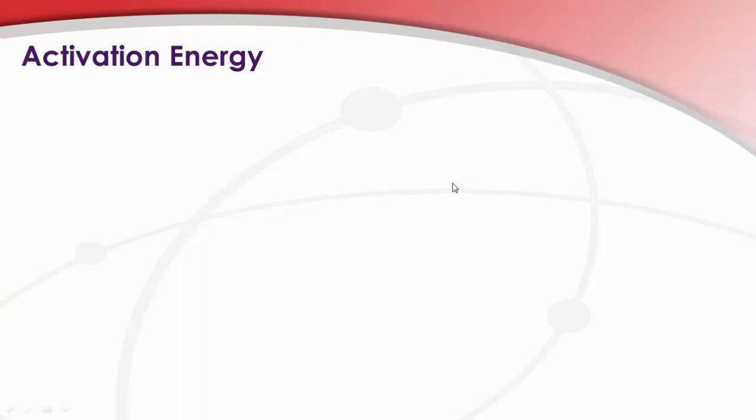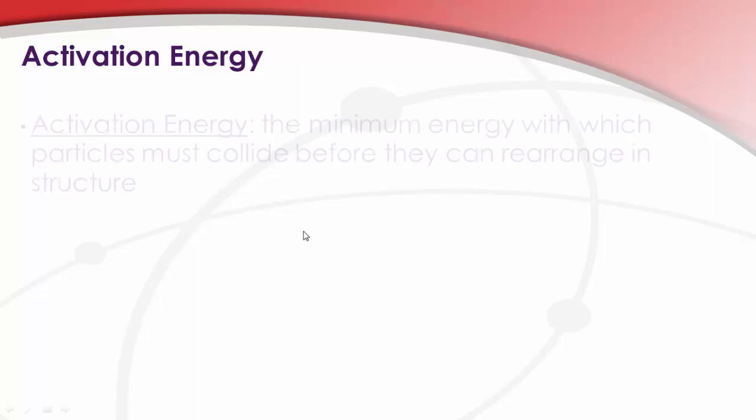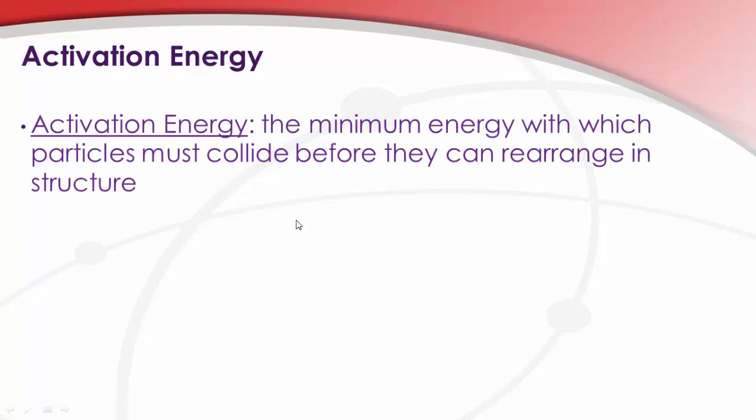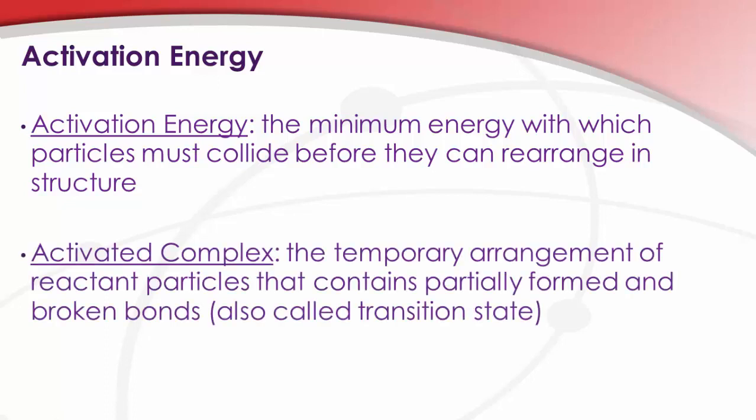So before we go any further, we need to talk about something called activation energy. Activation energy is the minimum energy with which particles must collide before they can rearrange in structure. That rearrangement takes the form of what's called an activated complex.